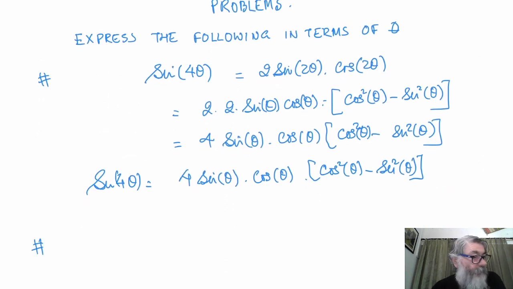Next he says cos 4 theta. Now you have to express it in terms of 2 theta and then in terms of theta.